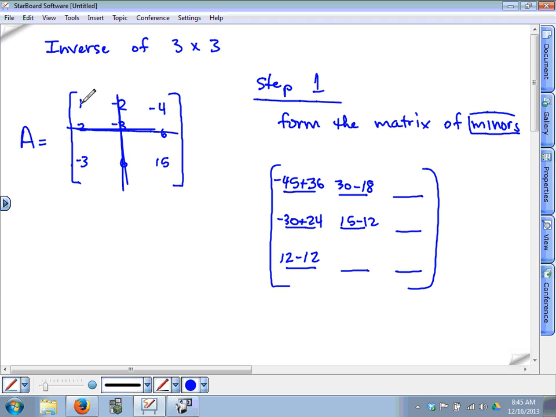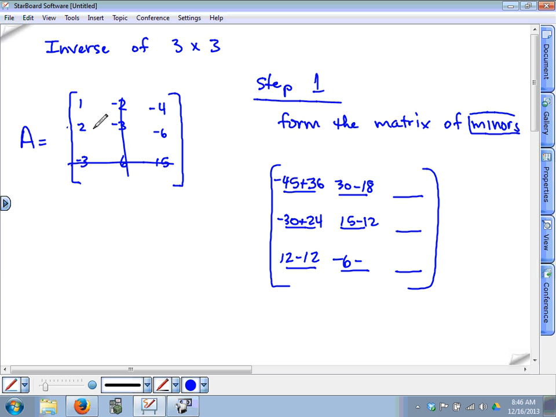Here's what's happening, Nick. What's this cross product here? And what's this cross product? So you minus them. It's AD minus BC. But the reason some of these are turning into plus is because it would be minus a negative. So this one right here, bottom row, second column, it's going to be negative 6 times 1, which is negative 6, minus the other cross product.